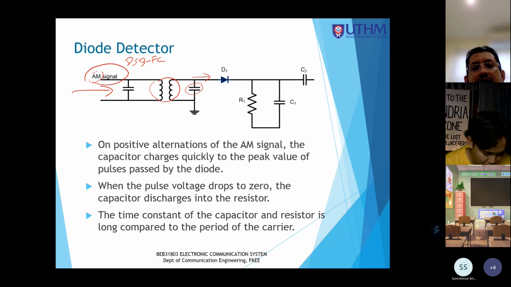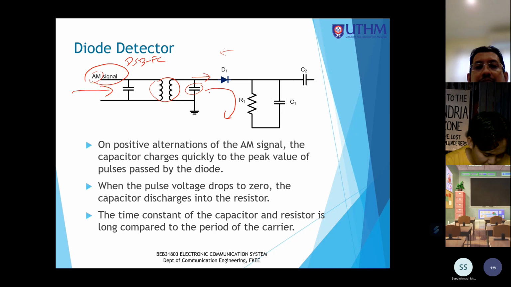So arus mengalir dalam arah ini sahaja. Okay, arus mengalir dalam arah ini sahaja. So current will not flow in these directions from right to left because this is going to be a reverse bias. So this diode will prevent reverse bias.